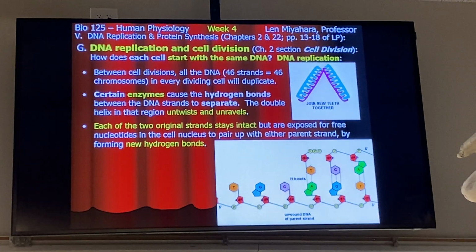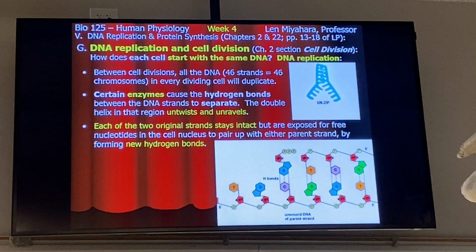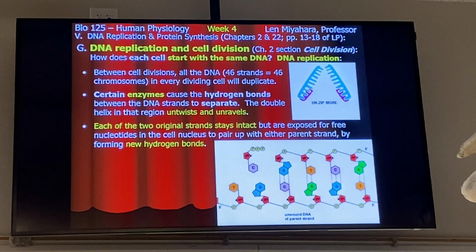Now you're going to add complementary DNA bases to those intact strands. It looks very similar to transcription. In fact, if you look at the animation from last week's PowerPoint, this animation looks exactly the same.